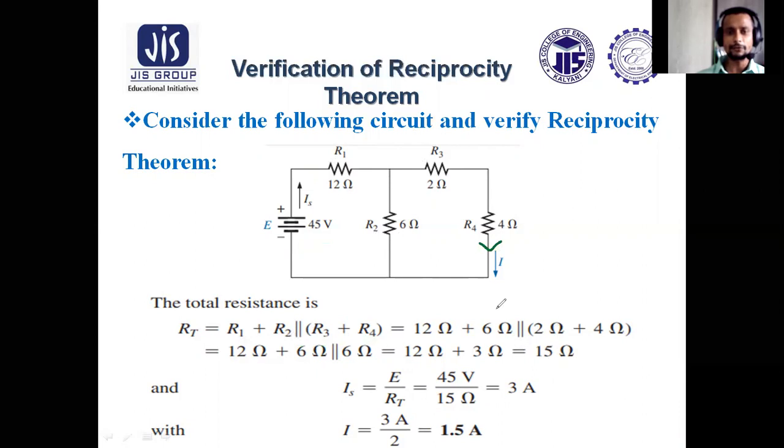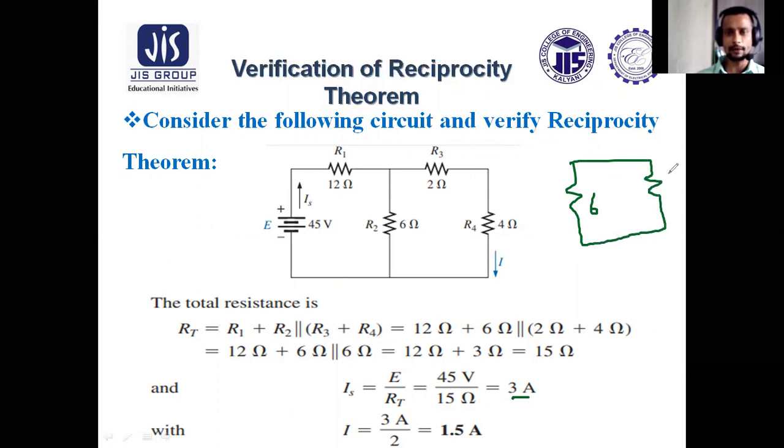Now if RT is 15 ohm, then IS will be 45 by 15, that is 3 ampere. So what should be I? I will be found using the current divider rule. Current I is flowing through 2 and 4 ohm.